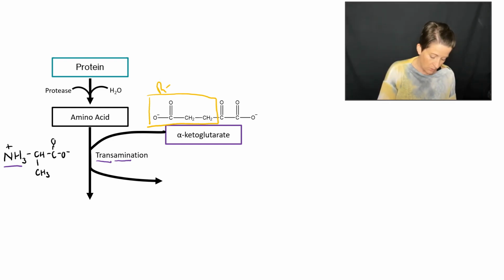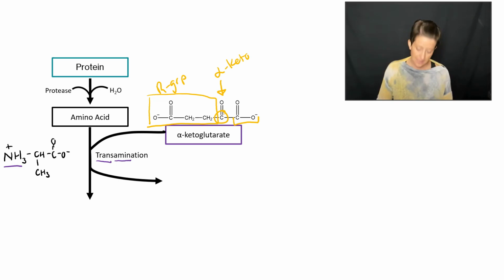Here's the R group. We're not really paying attention to that R group because it's not the reactive side of this compound. Here we have our alpha keto, so a ketone on the alpha carbon that's next to the carboxylic acid. So that is where the alpha ketoglutarate comes from.